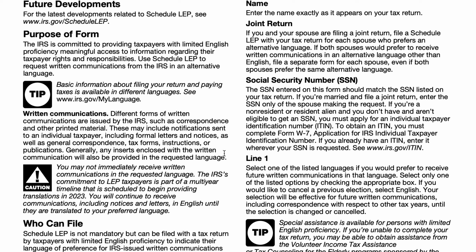You can also expect general correspondence, tax forms, instructions, and publications, as well as any accompanying inserts. So right below that, it does say that you won't immediately receive written communications, but this is a commitment that the IRS has in place to try and provide translation starting in 2023.